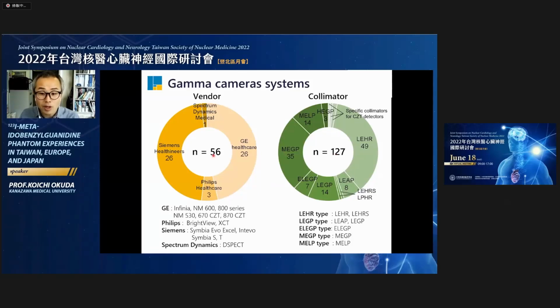The gamma cameras were manufactured by GE, Philips, Siemens, and Spectrum Dynamics Medical. Some cadmium zinc telluride type gamma cameras were included. So we excluded these data from the following analysis.